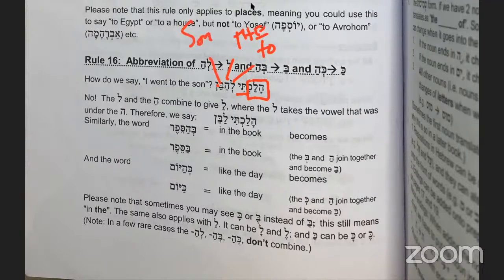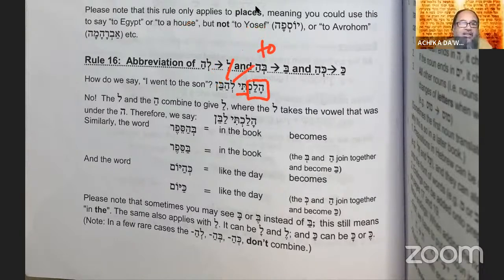Okay. So instead of saying la habain, all we're going to say now is they're going to change it. They're going to go, no, we're going to go la and the hey combined will give you la, where the lamed takes the vowel that was under the hey.